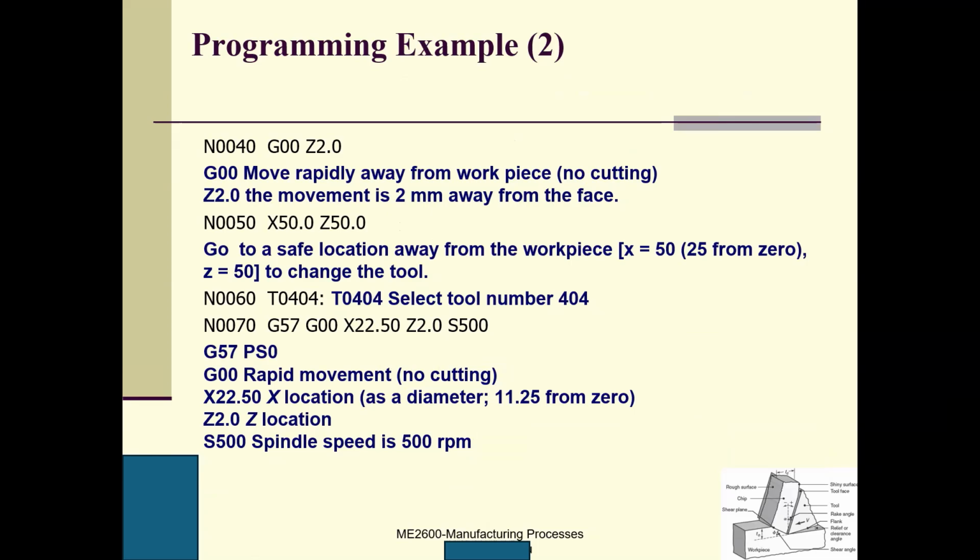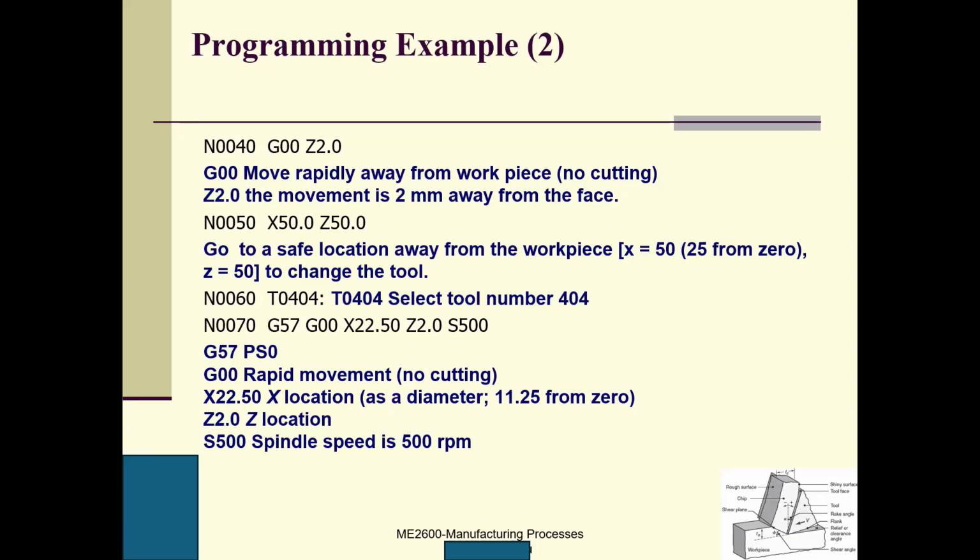Look at this statement. I do not have any G code. What does it mean? It still means that the previously set G code is still valid, okay? That means for this statement, I don't have any G code, so I'm using the previous G code.